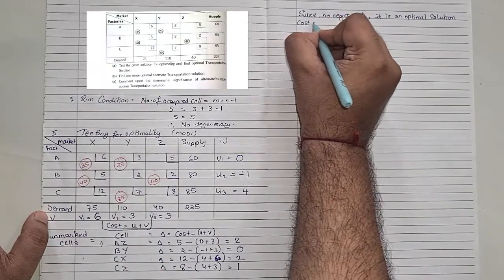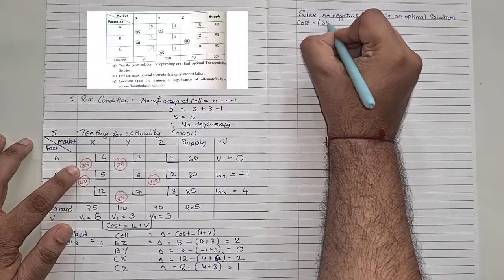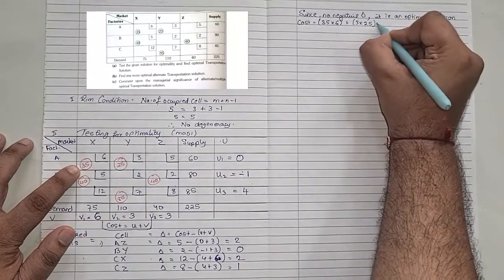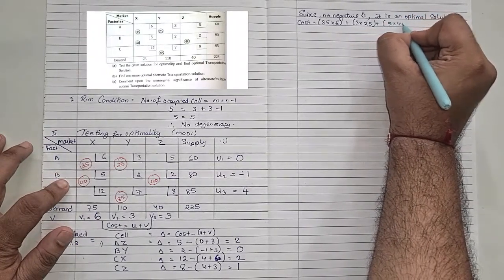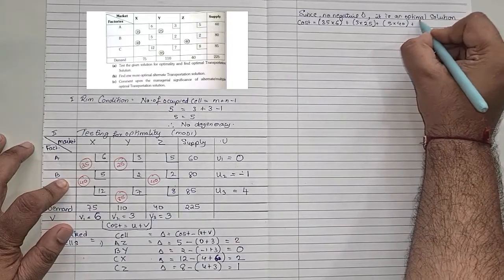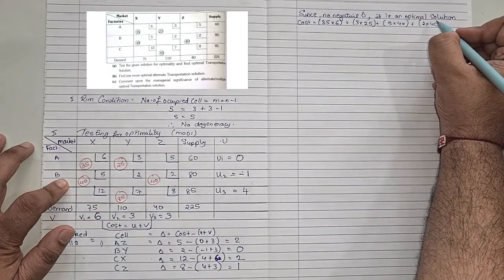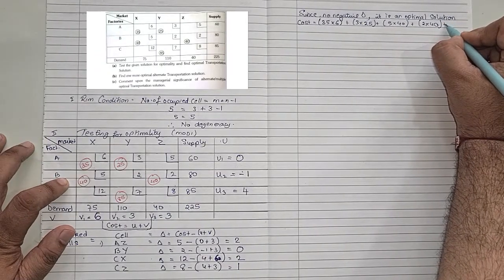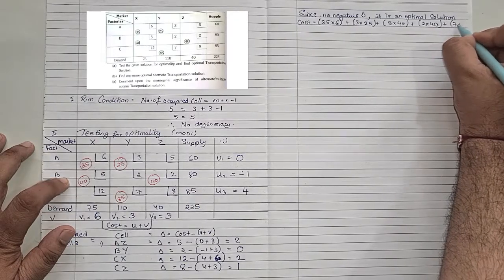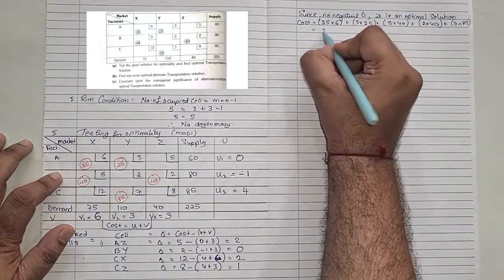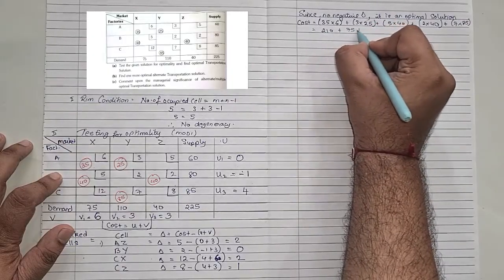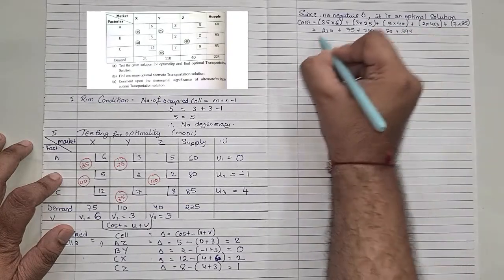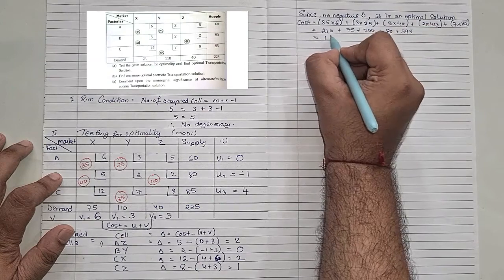Therefore cost is equal to all the allocated. So that will be 35 into 6 plus 3 into 25 plus 5 into 40 plus 2 into 40 plus 7 into 85, which gives you 210 plus 75 plus 200 plus 80 plus 595, which is equal to 1160.